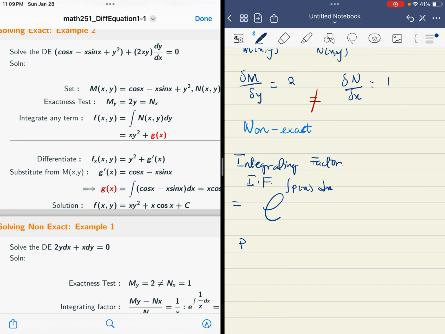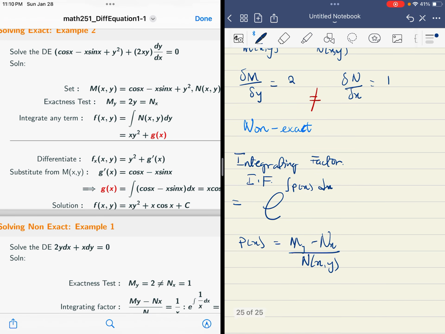And then our p of x is giving us your My, that is partial derivative of m with respect to y, minus your Nx, that is your partial derivative of n with respect to x, dividing the n function, that is your n of xy. That is your p of x.